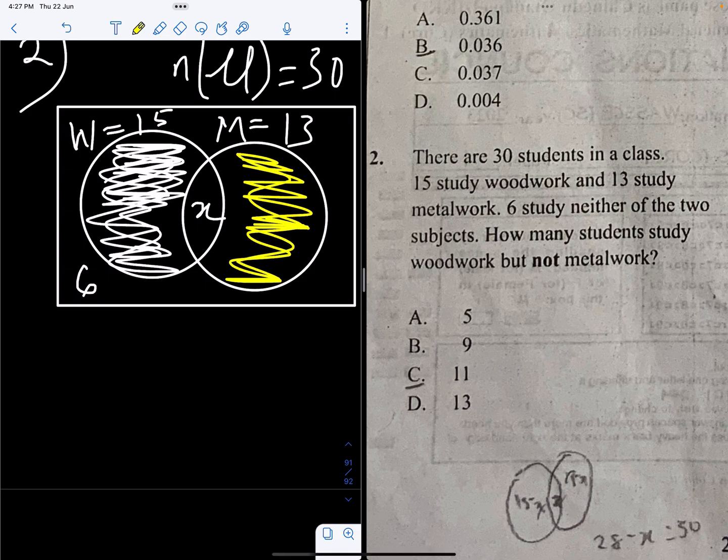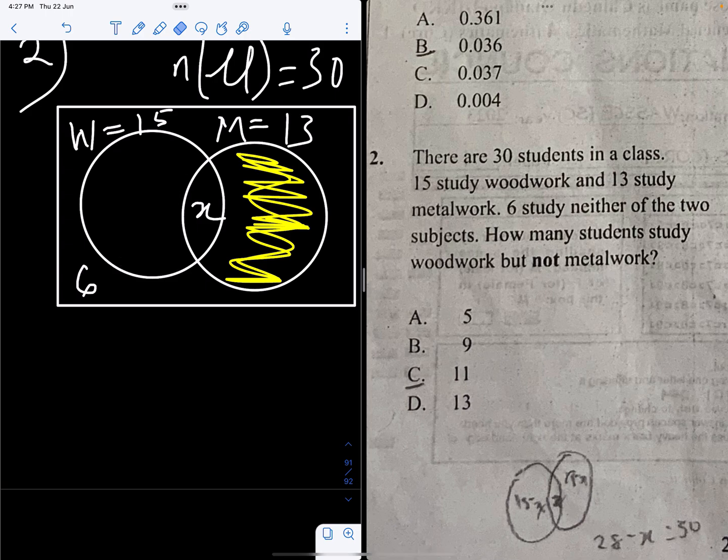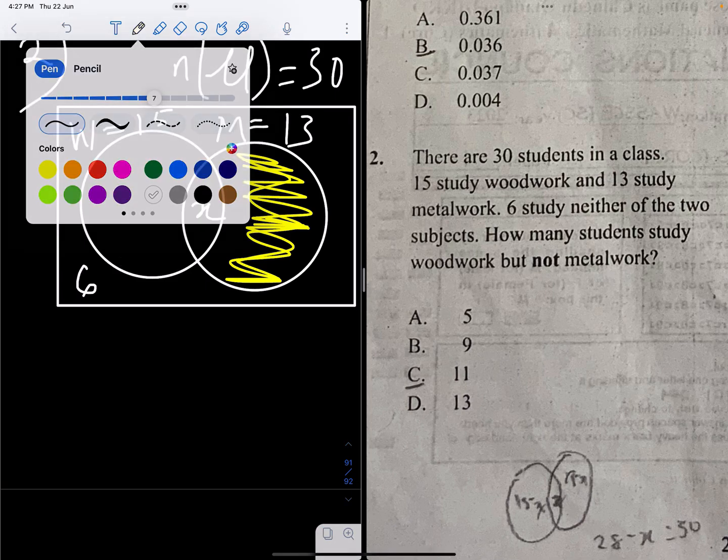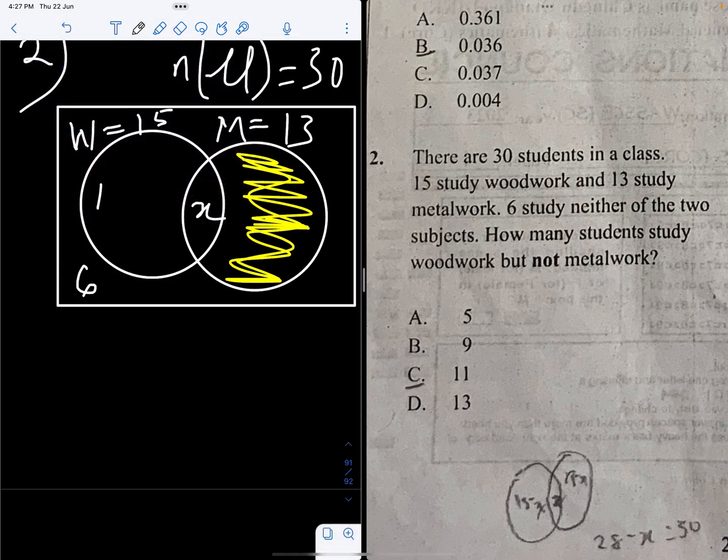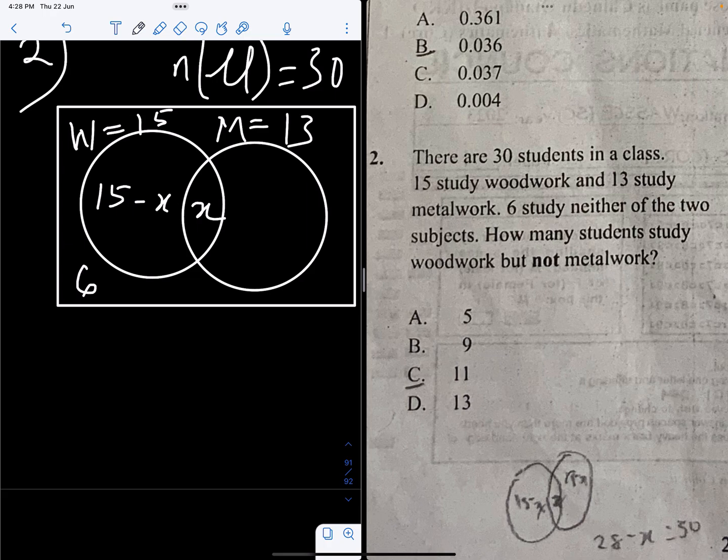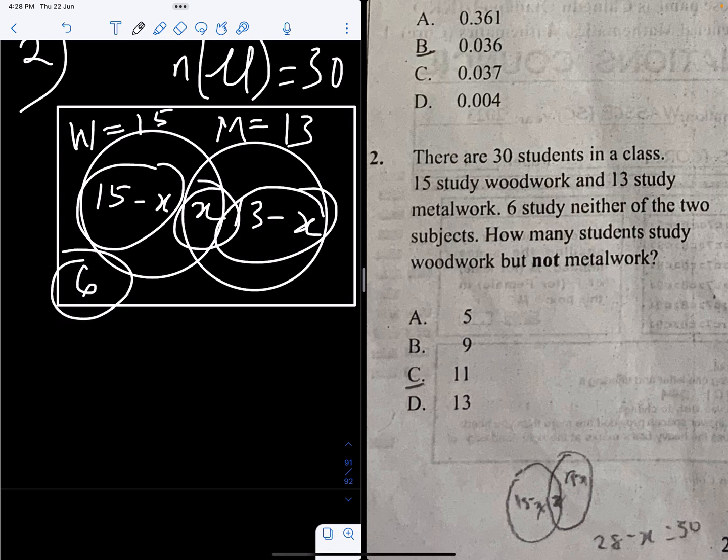And how do we find those parts? Only woodwork will be 15 minus X, while only metalwork will be 13 minus X. Now, the addition of all of this, 15 minus X plus 13 minus X plus 6, will give us 30.